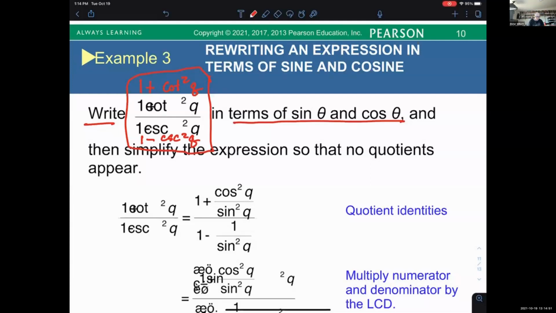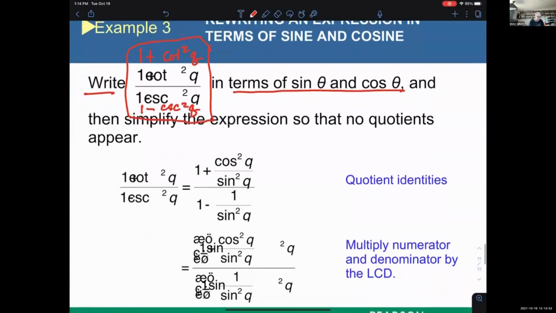So unfortunately the notation is still not real friendly here, but again, they started with 1 plus cotangent squared q on the top and 1 minus cosecant squared q on the bottom. And so to write in terms of sine and cosine, you want to replace cotangent with cosine over sine.